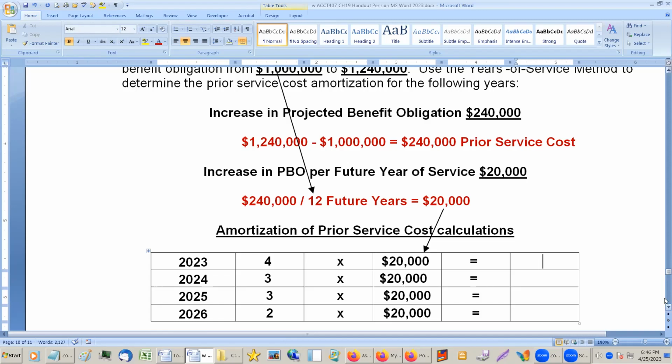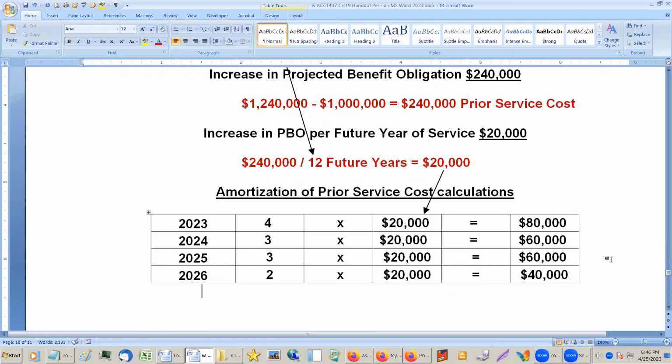Four times 20,000 is 80,000. Three is 60,000. Three is still 60,000. Two is 40,000. Just to make sure, does this add up to 240,000? 120, it does.